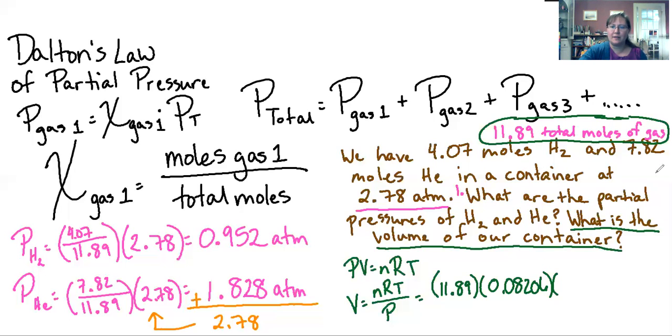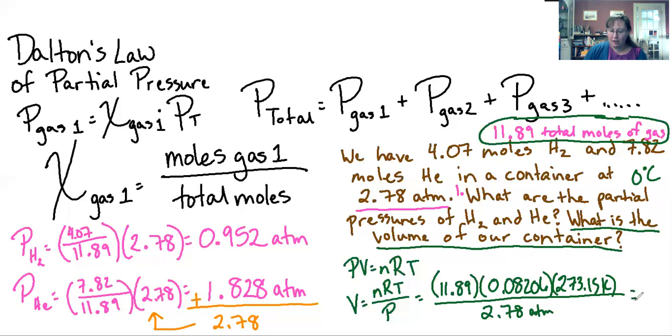So we'll say we're at 0 degrees Celsius because that makes life easier. You would have to be given that. So 0 degrees Celsius is 273.15 kelvins. I am running out of room. All right, divided by our pressure in our chamber, which is 2.78 atmospheres.